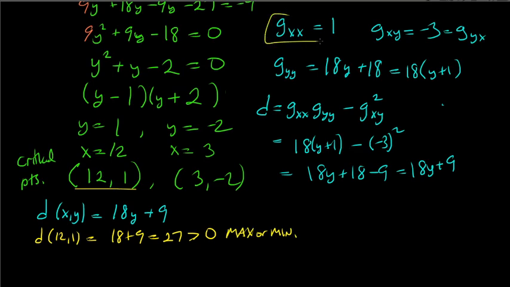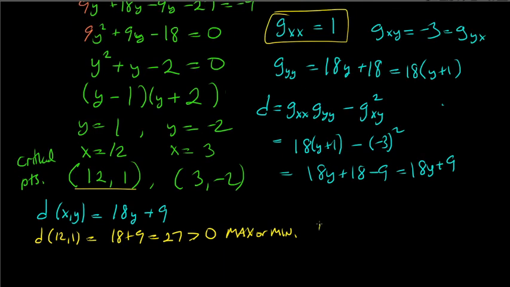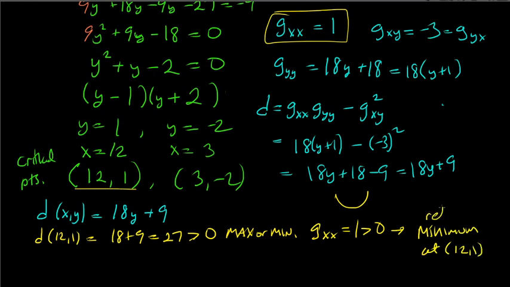So now you go back to the second derivative with respect to x and then x. gxx, right? And that turns out to be 1, which is always positive. So remember, when the second derivative is positive, it's concave up. And that tells me that we have a minimum at the point 12, 1. A relative minimum, but if I just write minimum, I mean relative minimum.